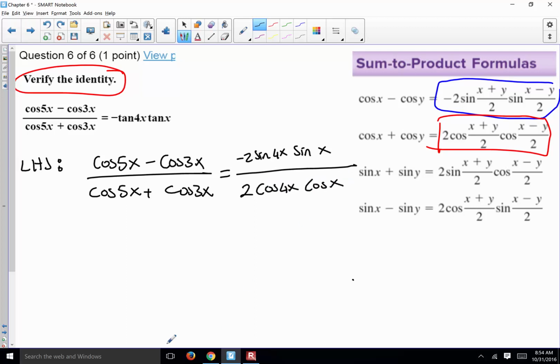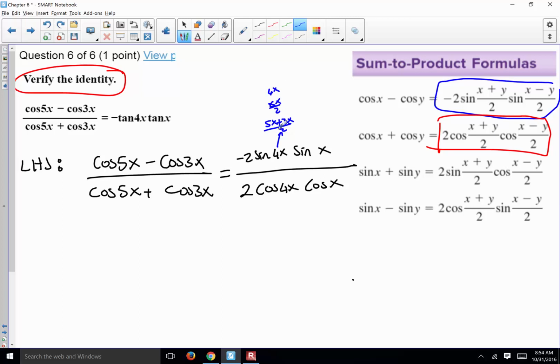How did I get 4x and x? Technically, this is what I did. 5x plus 3x over 2. Well, 5 plus 3 is 8x.